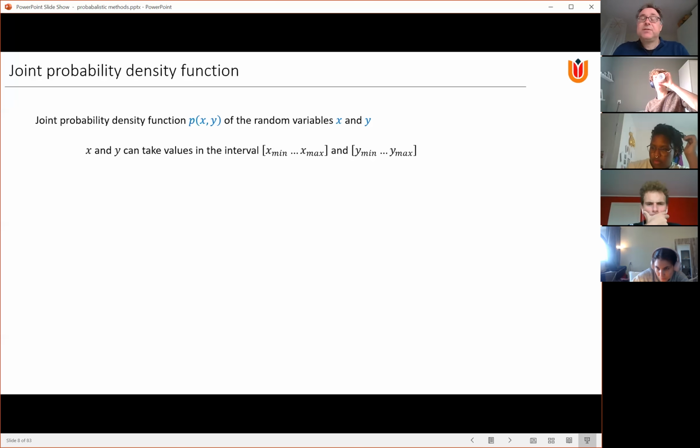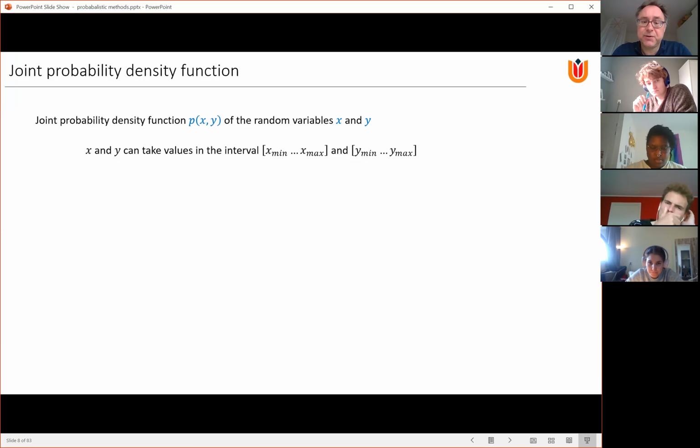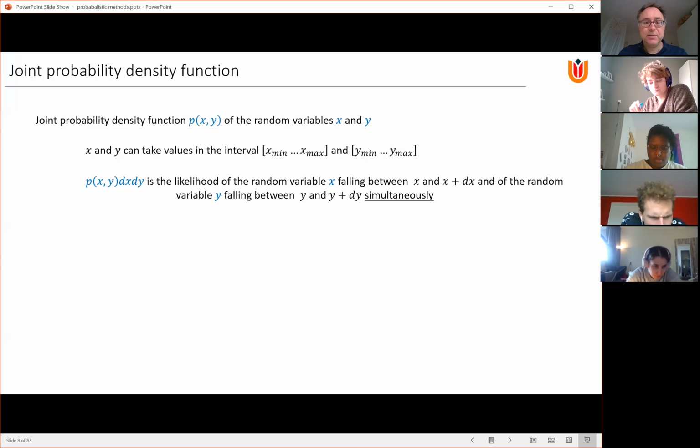All right. So we can have a probability density function for only a single variable, let's say for x, but we can also define a joint probability density function of 2 variables, in this case 2 random variables x and y. Here too, x and y can take values on their respective intervals, and here too, it is normalized.